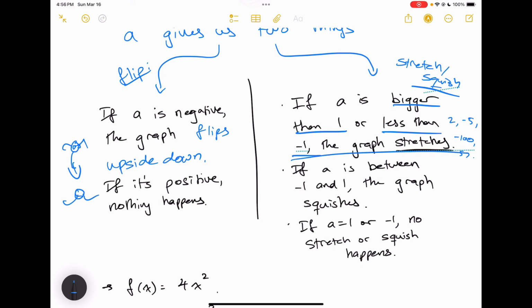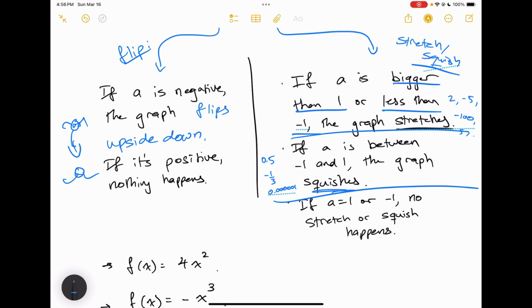However, if we have a situation where a is between -1 and 1, so something like 0.5, -1/3, 0.000001, all of those would work. In that case, the graph squishes. And that's the case where it gets crushed by the boulder.